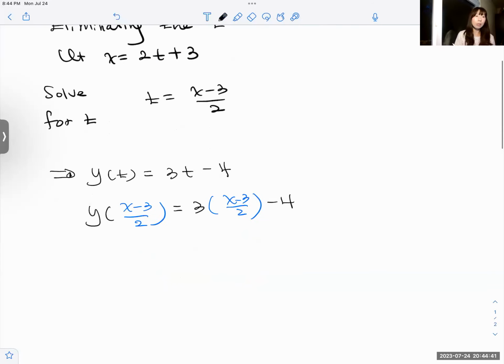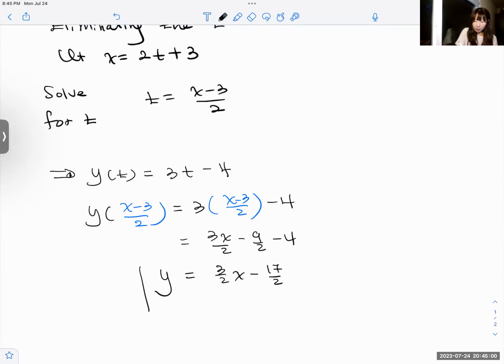Okay, so we simplify. We have 3x over 2 minus 9 over 2 minus 4. So we get 3 over 2 x minus 17 over 2. So this is y, right?